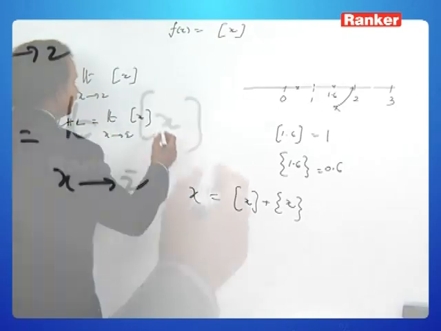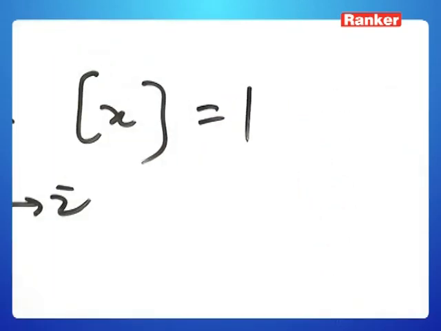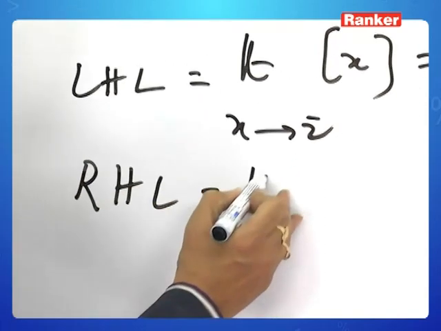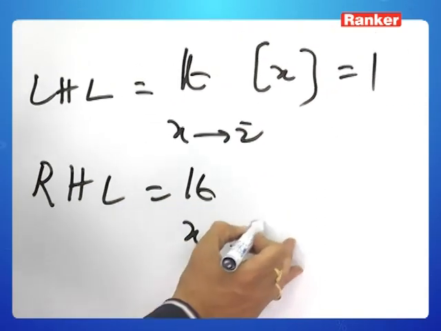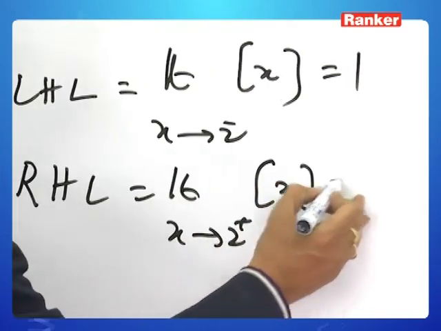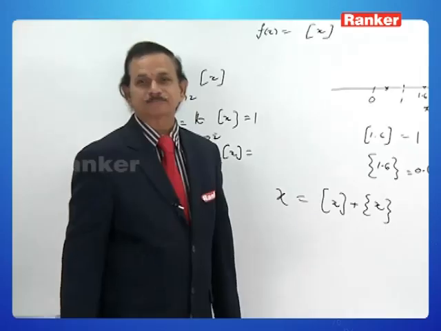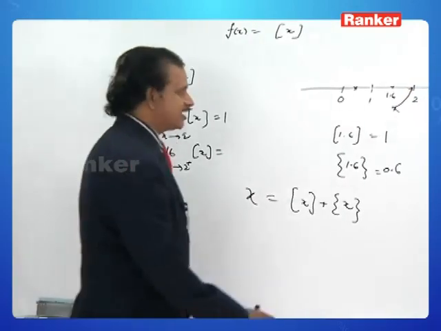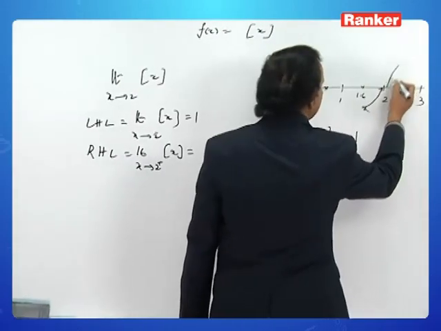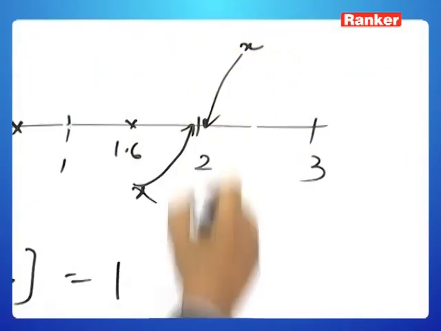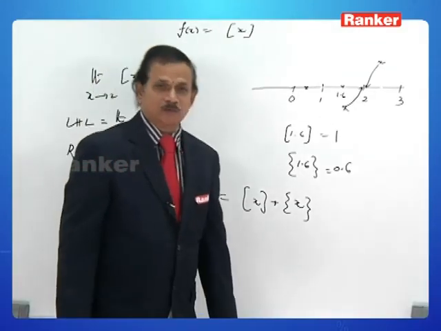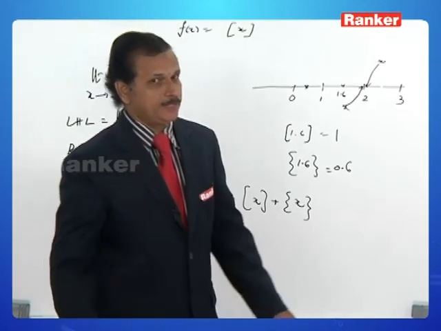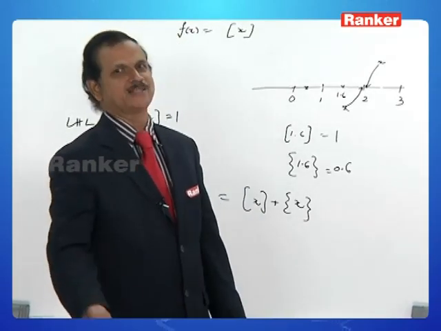Hence, the left hand limit is 1, whereas the right hand limit is the limit as x tends to 2 from the right of integral part of x. What do you say about that? In considering this limit, where should x lie? x lies here, say. What can you imagine the place of x? More than 2, very near to 2, that is, to the right of 2.